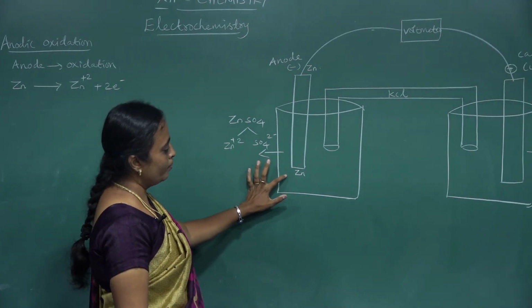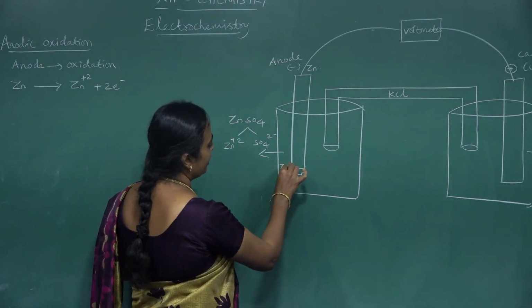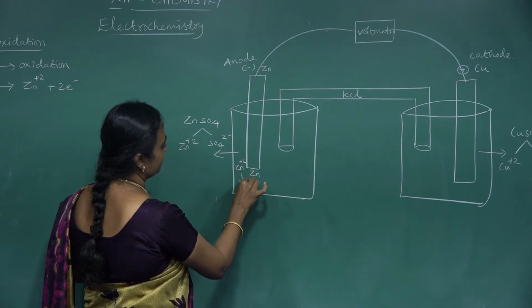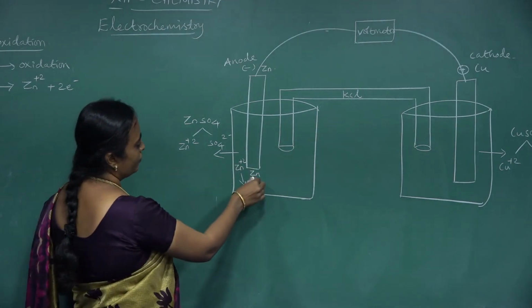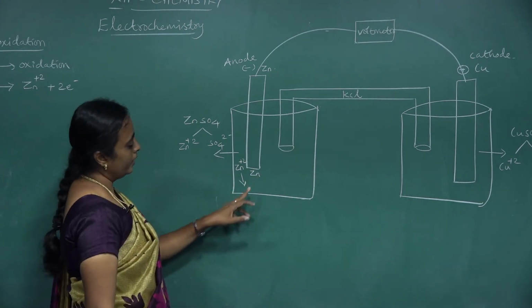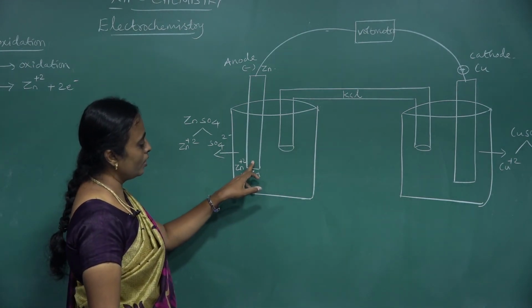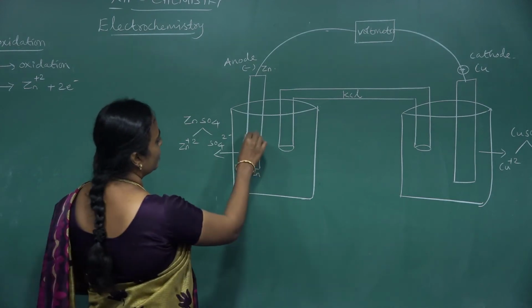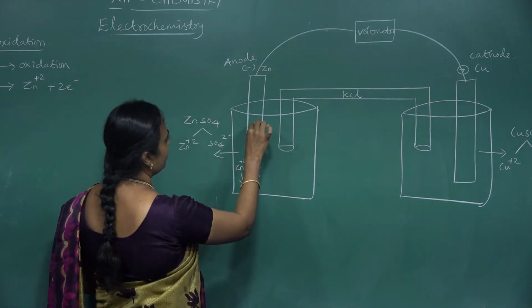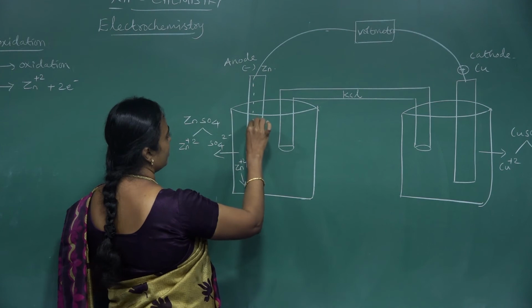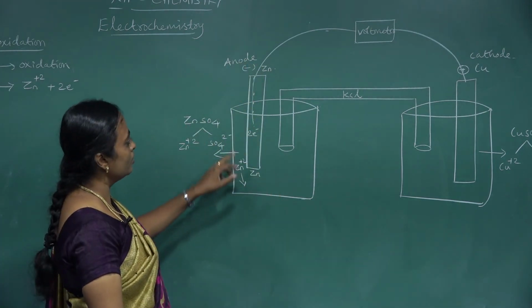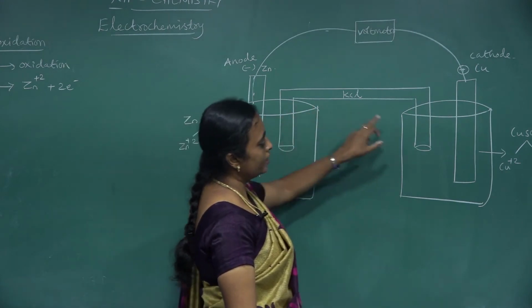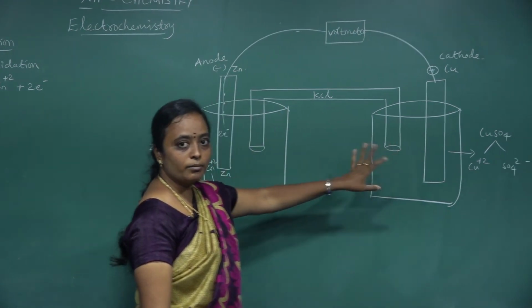That Zn 2 plus ion enters into the solution. In the same way, the 2 electrons formed come out of the metallic zinc, flow through the circuit, and enter into the cathodic compartment.